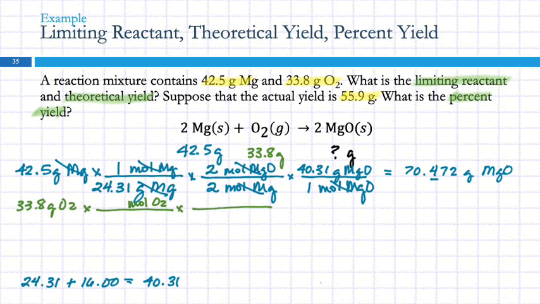And then we're going to go to moles of magnesium oxide, our product. And then we're going to go to grams of product, magnesium oxide. This unit comes down here, so they cancel out. This unit comes down here. And this unit comes down here.